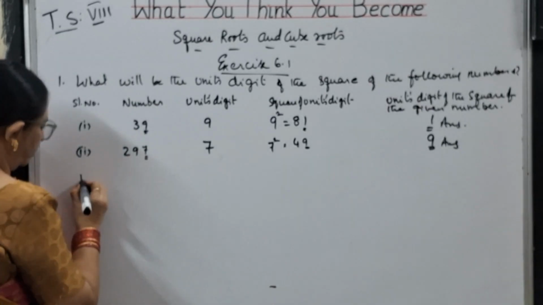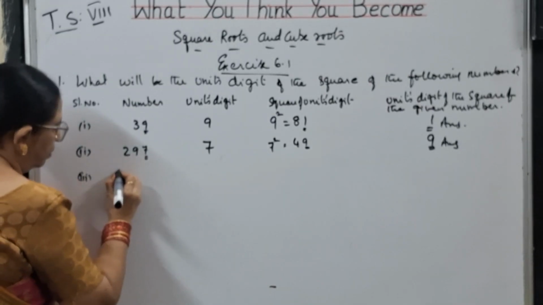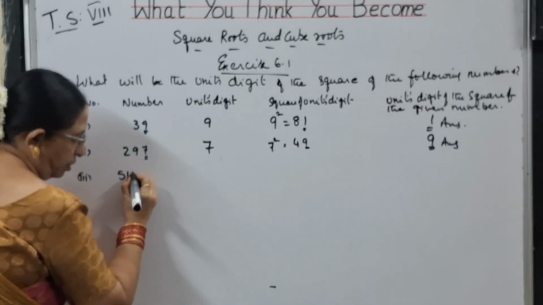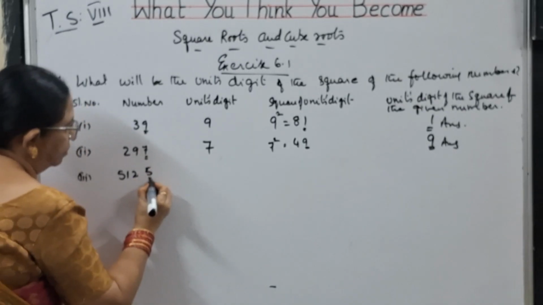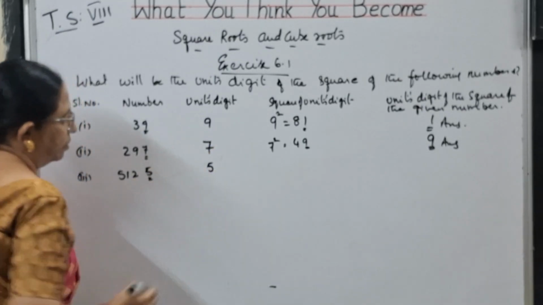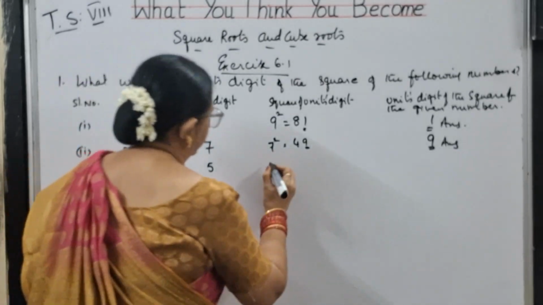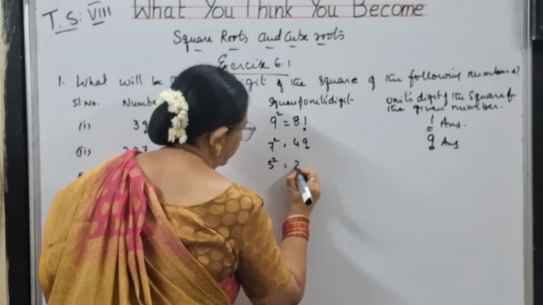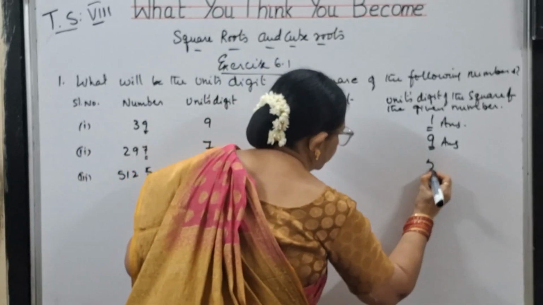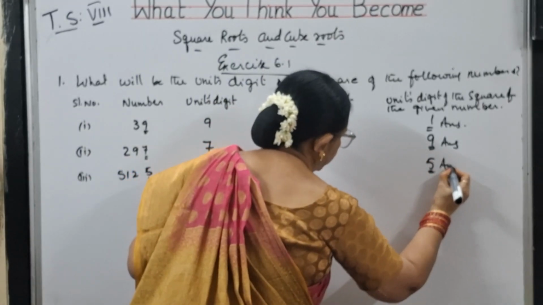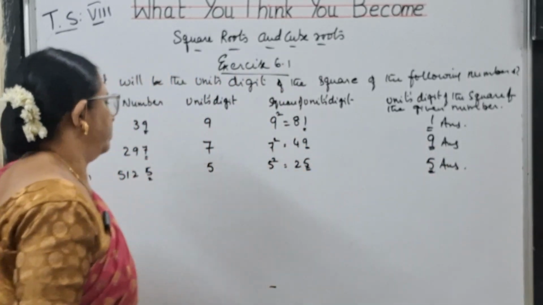And third bit, 5, 1, 2, 5. So units digit is 5. So this 5 square, how much are you getting? 5 square, 25. So what is the units digit here? 5. So 5 is the answer for this problem.